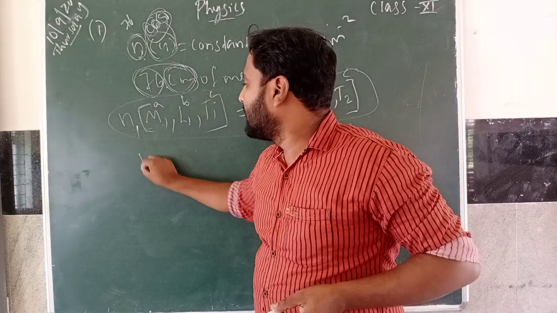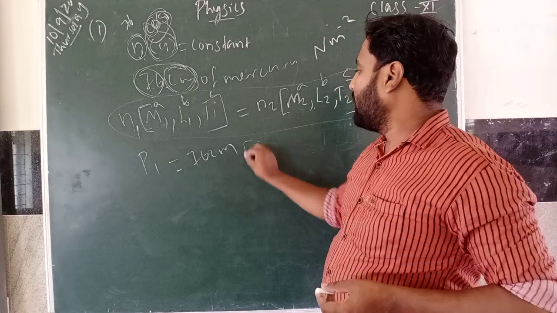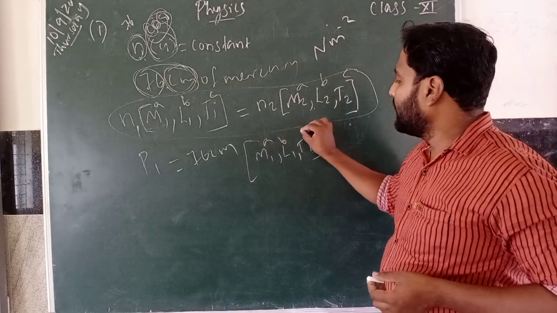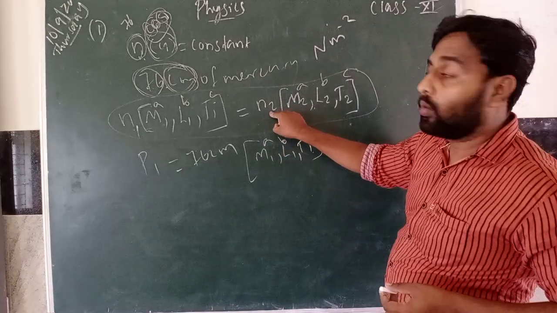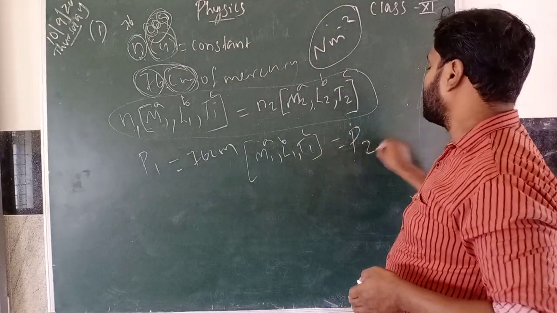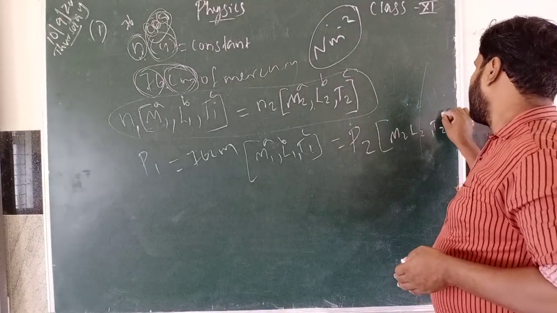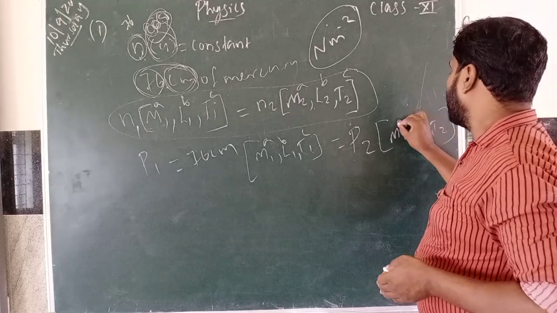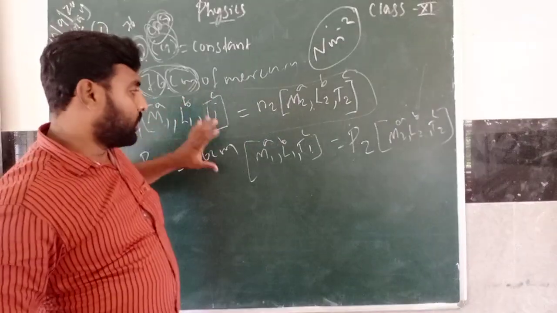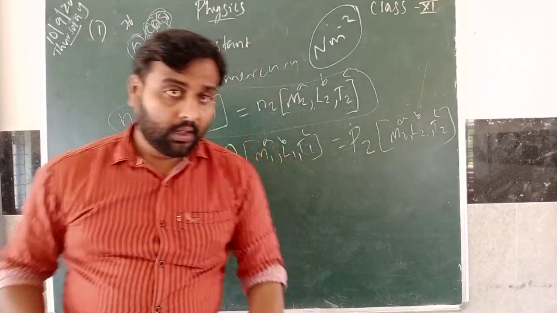So n1 is the pressure 76 centimeter, with M1, L1, T1 and a, b, c. And n2 is what we want to convert to, so we can keep it as P2, with M2, L2, T2 and a, b, c. Like this, we can convert from one set of unit to another set of unit. That is our first application.